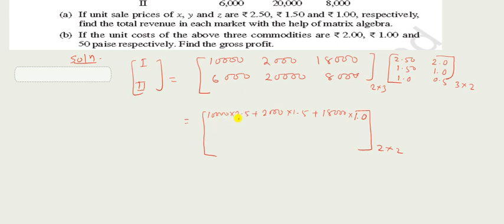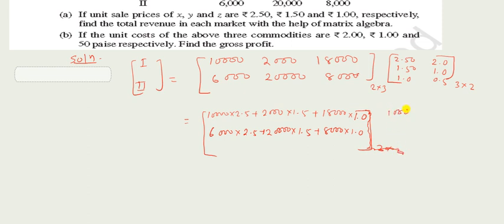Next, same thing, this is the first row and first column, this is the second row and first column. So if I take it, this will be like this: 6,000 multiplied by 2.5 plus 20,000 multiplied by 1.5 plus 8,000 multiplied by 1.0. Next, in similar case, since it is a 2 cross 2 matrix, the same thing I will write here.